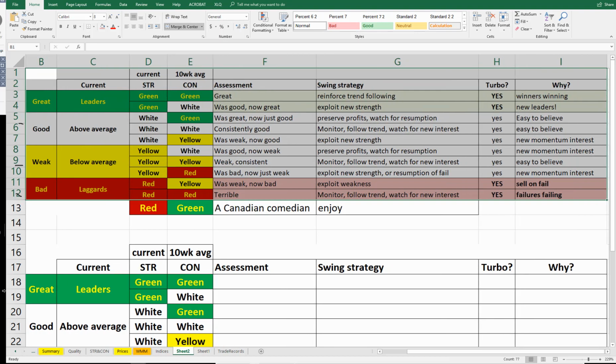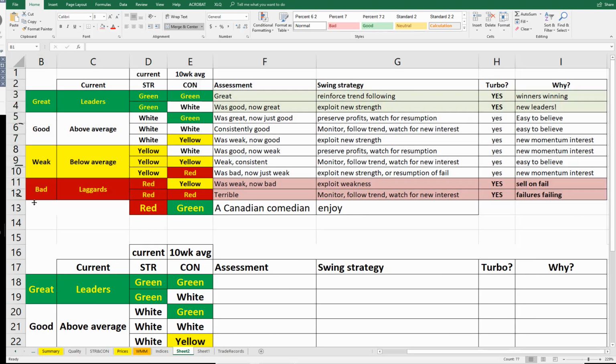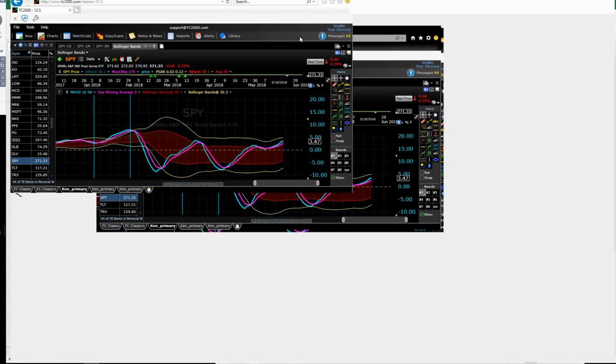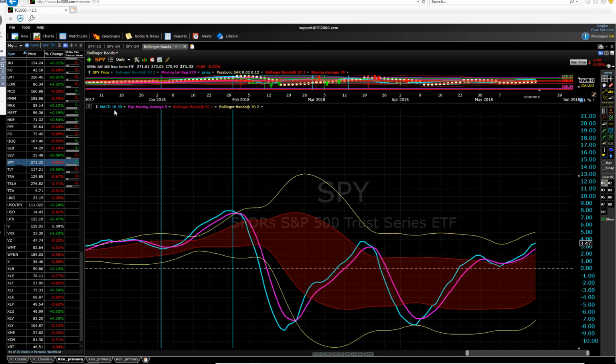Okay, so the next thing I want to just show is, if I can, let's get this one up. So as you know, I have been very interested in this MACD histogram, the 10, 30, and 5, because I feel like it gives a simplified approach to having directional bias.